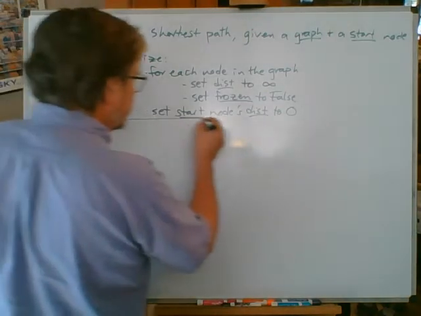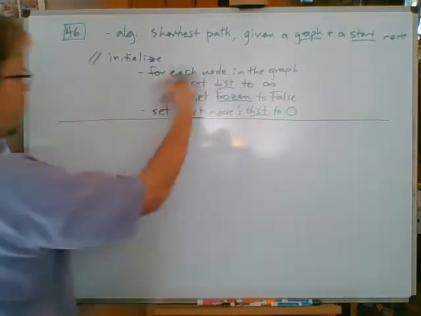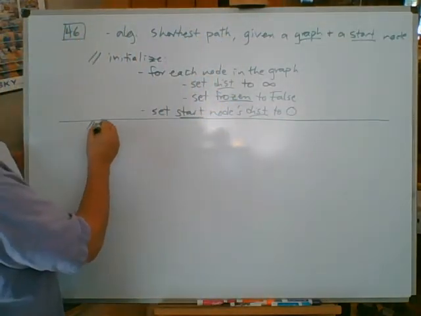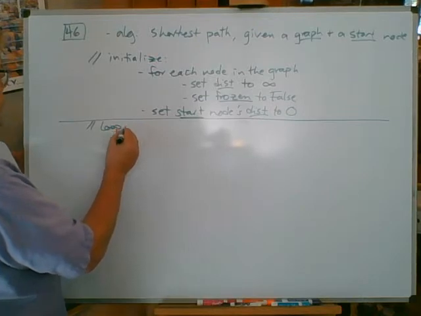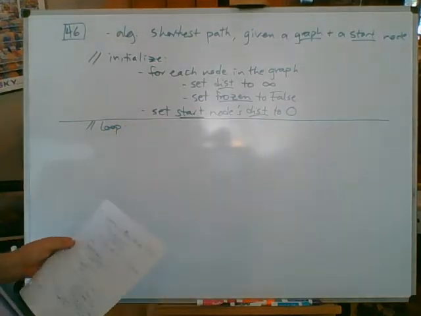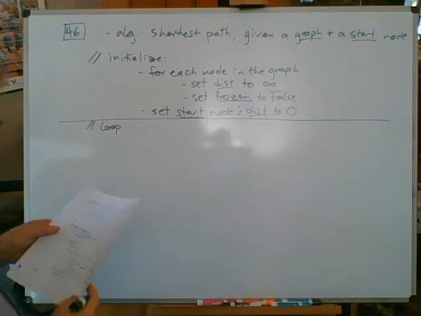I'm going to draw a line here just to separate all the initialization stuff from the loop that's going to constitute most of the activity of the algorithm. And good grief, this is a long statement here.